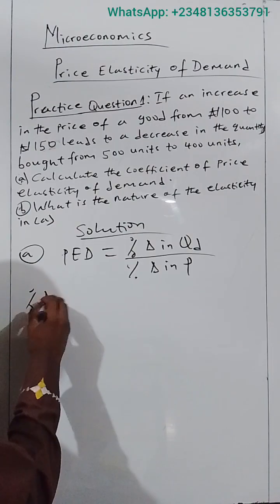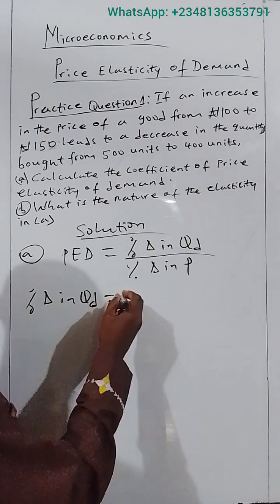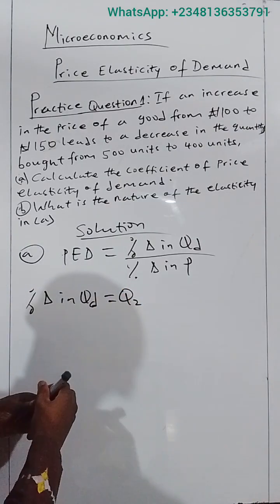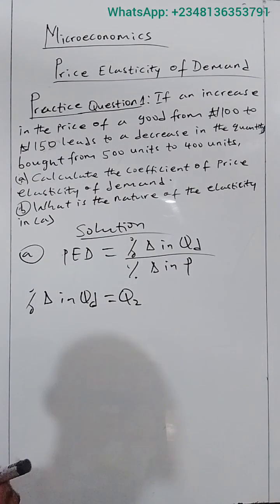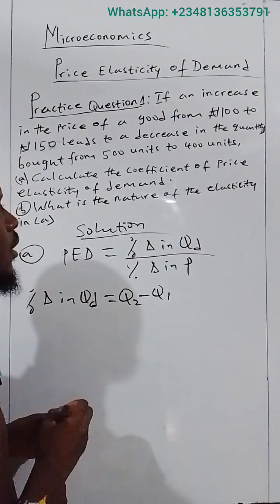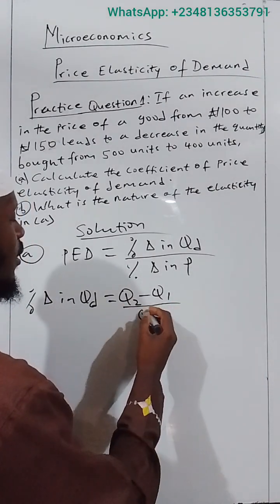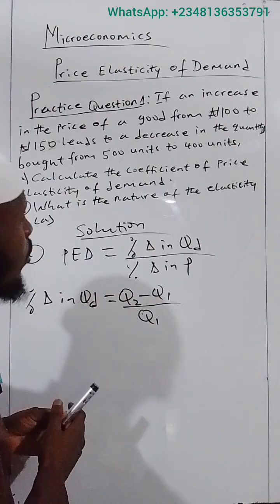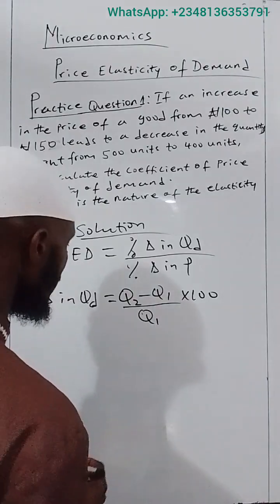It equals Q2 minus Q1, divided by Q1, then multiplied by 100. Q2 represents the new quantity demanded, and Q1 is the initial quantity demanded, the old value.